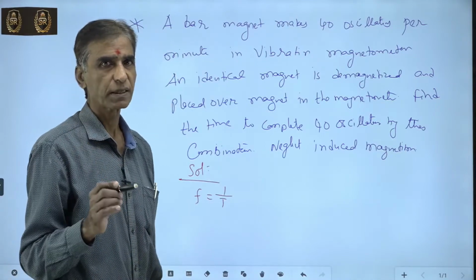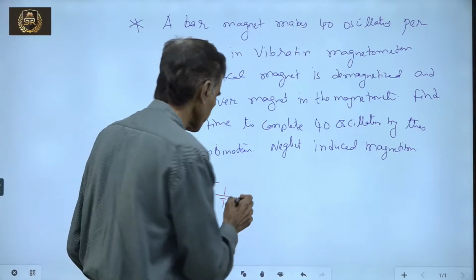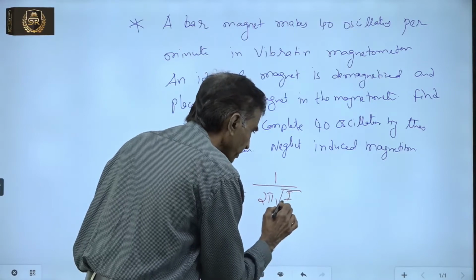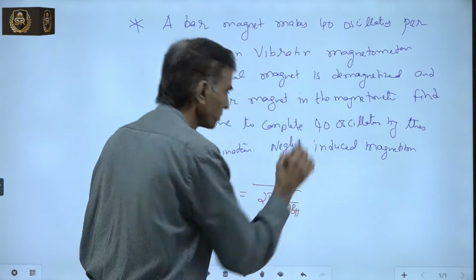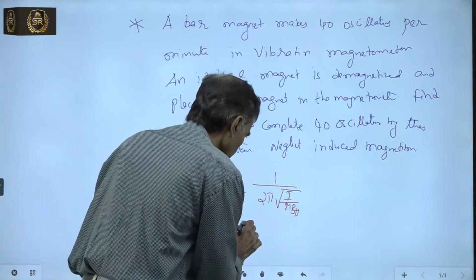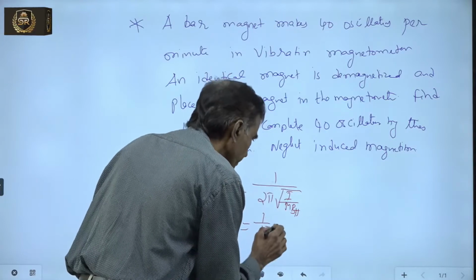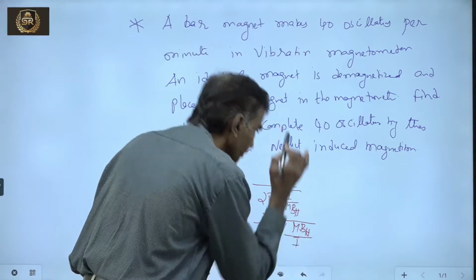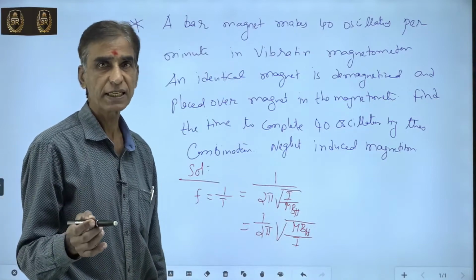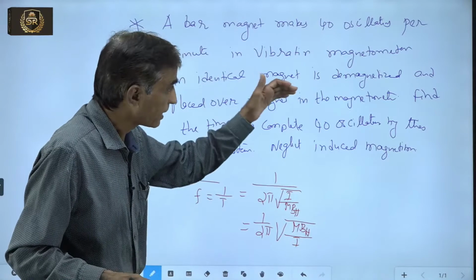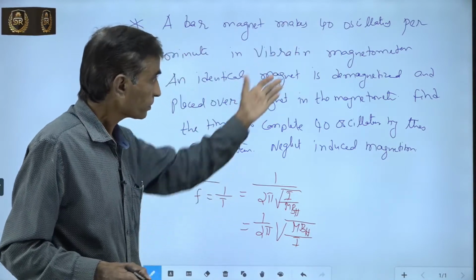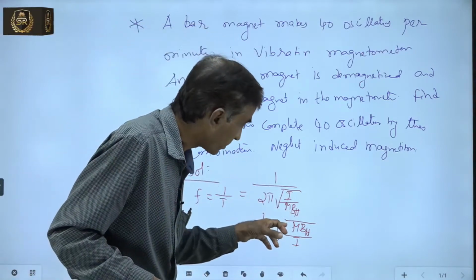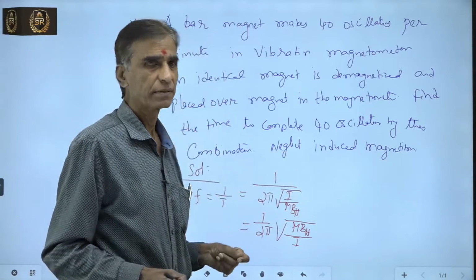As we saw in first year, f equals 1 by T, that is 1 by 2 pi into square root of m BH by I. That is the number of oscillations per second, but here the answer is given in minutes itself, so we need not bother about units. M is constant here, because the other magnet is non-magnetic, and BH is the same.